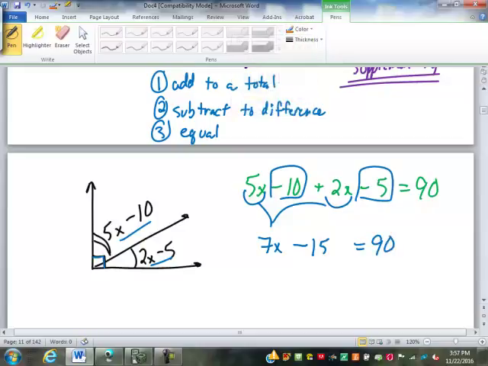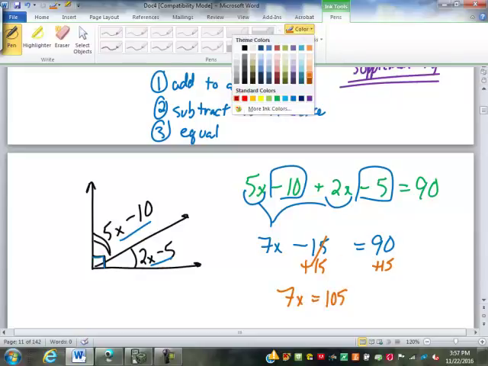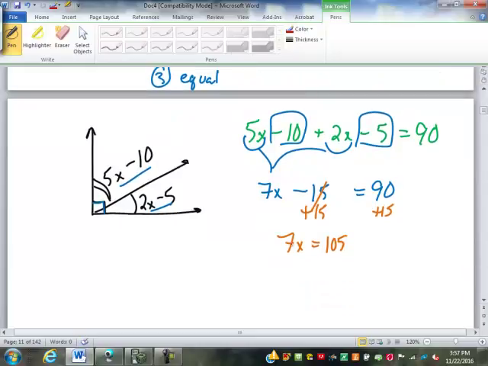So to solve this, our next step will be add 15. 7x is 105, and then divide by 7 gives us 15. So x equals 15, right?